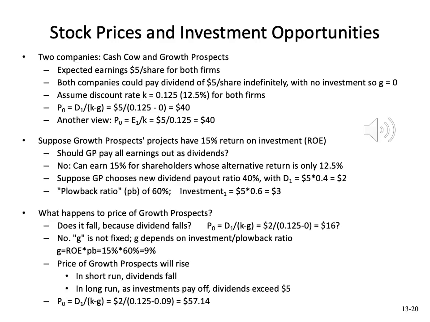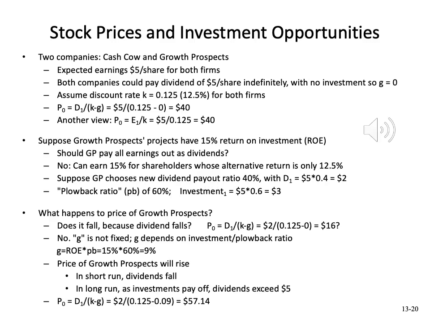Assume the discount rate is 12.5% for both companies. So the price for both companies will be D1 divided by K minus G. Here, D1 is earnings because you pay out everything as dividends.